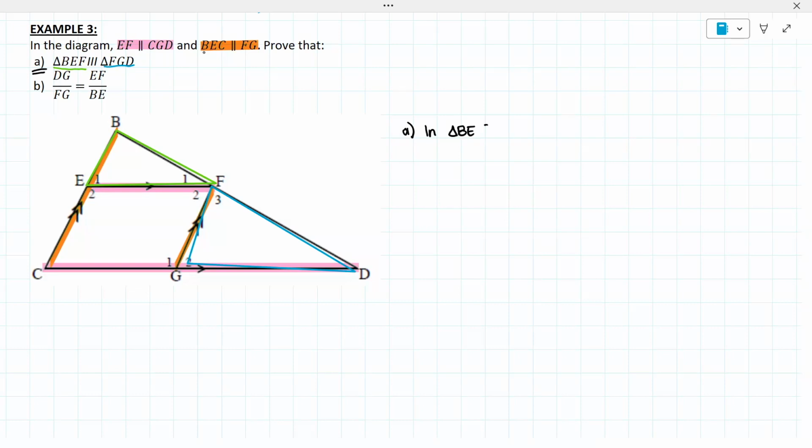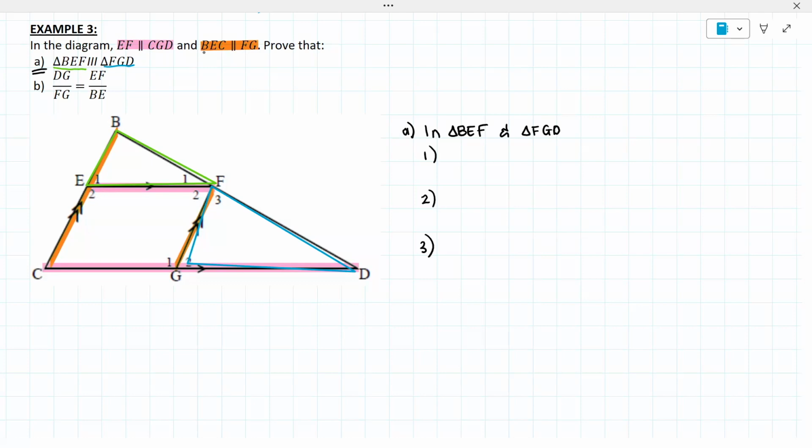So we state what triangles we're working in, BEF and FGD. And I know I have to make 3 statements. We're looking for angles that are the same. Now bear in mind we've got some parallel lines here.